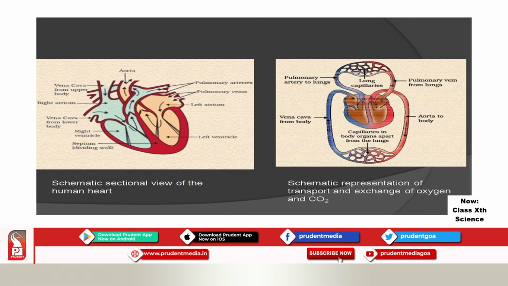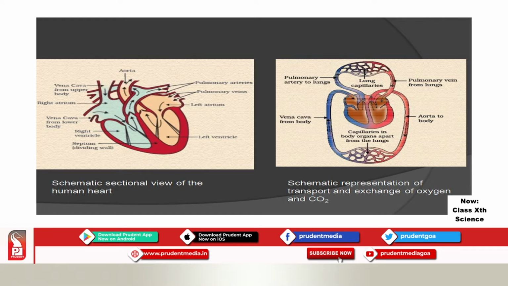through the pulmonary arteries. So, the pulmonary artery carries deoxygenated blood and pulmonary veins carry oxygenated blood. Pulmonary arteries carry deoxygenated blood from the heart to the lungs, and pulmonary veins carry oxygenated blood from the lungs to the heart.